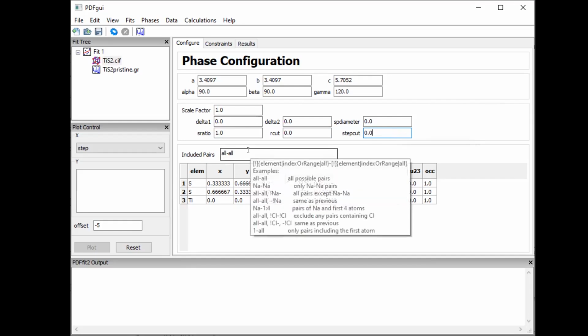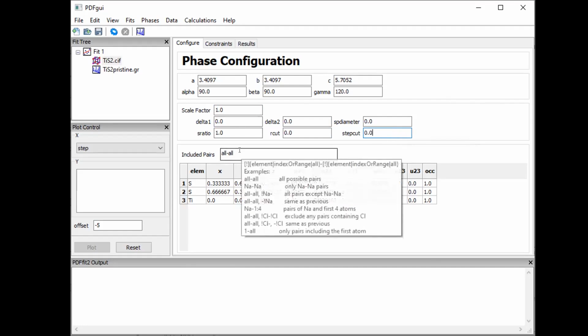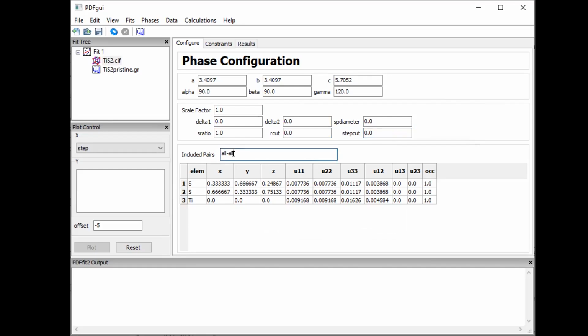And let's continue. Here it says included pairs, and now it is all to all, right? Which means that we will compute the PDF histogram using all the atomic pairs, which is exactly what we do in the measurement, right? In the measurement, the PDF data considers all the atomic pairs.